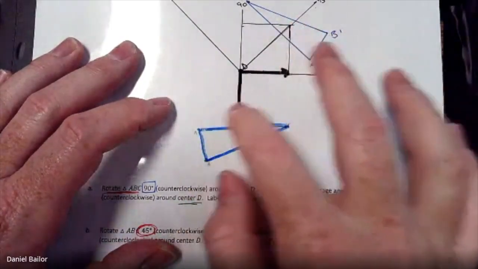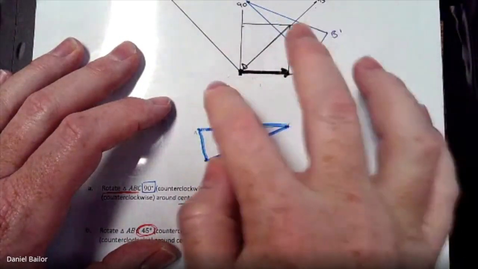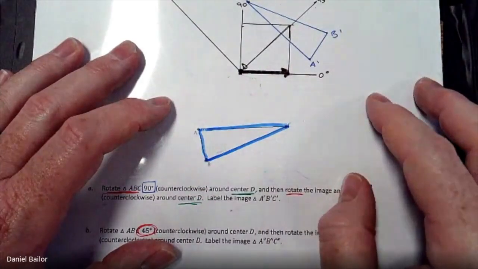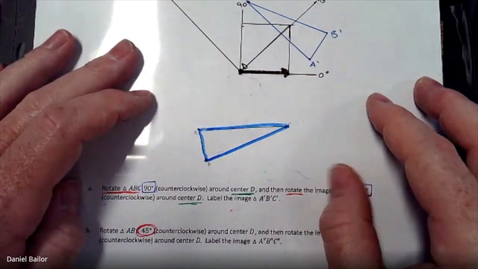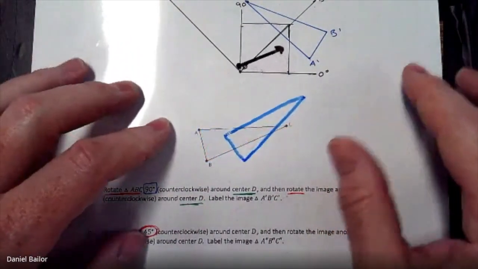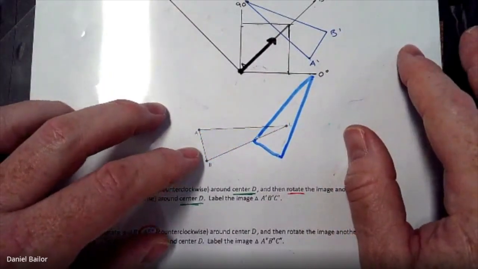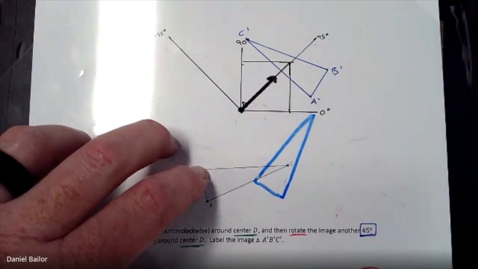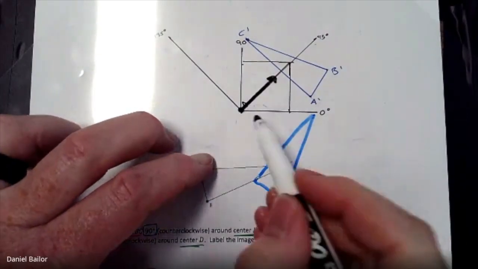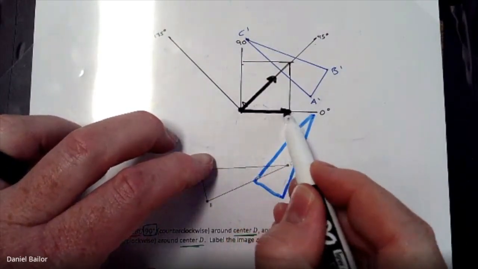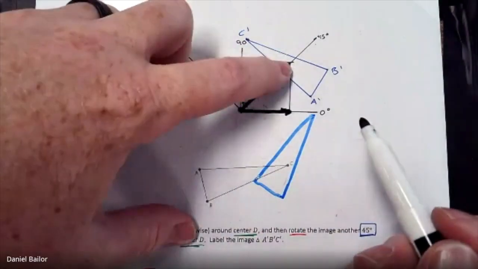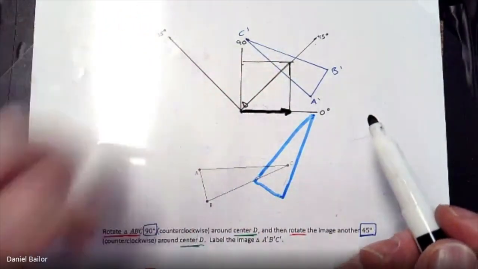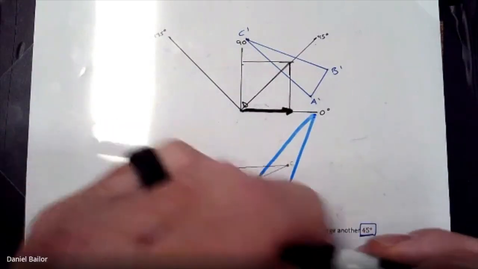Let me erase this arrow. And let me go 45 degrees first. So I'm going to stop when my arrow is pointing on the 45-degree line. So that's the first step. Now I need to go 90 degrees. So I'm going to do another arrow pointing to 0. And I can erase my first arrow because that one did its job.